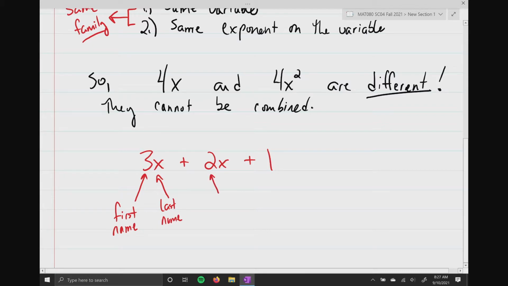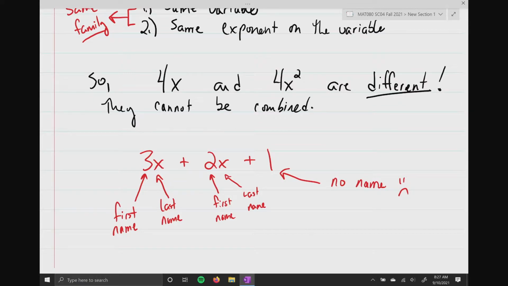With the second term, the 2 is the first name, the x would be the last name. And with that constant term, that number 1, it has no name. It's lonely. And that's sad, but that's okay. Because later on, we're going to actually combine those things.